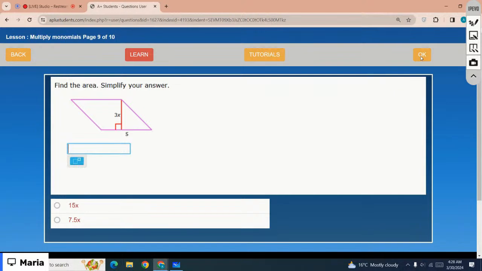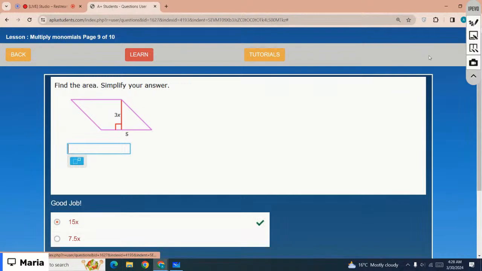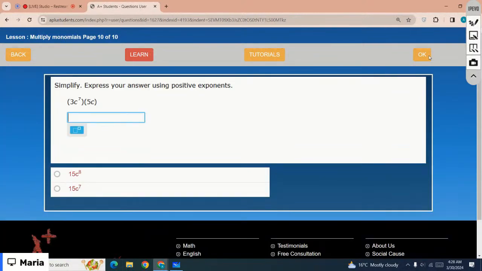Find the area, which is the correct option. You have to do base times height. So the correct option is, yes, 15x. It is option number 1 is the correct option. Okay, simplify 3c7 times 5c, which is the correct option.